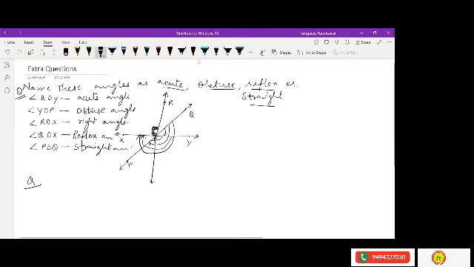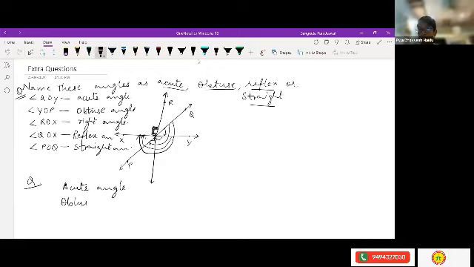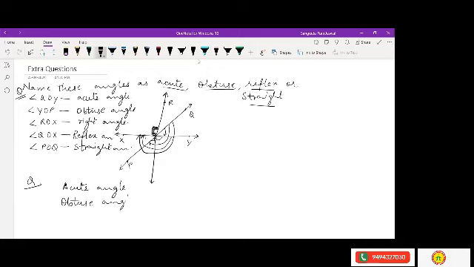Now you do one more thing. You do it in your notebooks now. Make any acute angle, any obtuse angle, then make a straight angle, make a right angle in your notebooks, with pencil and scale.